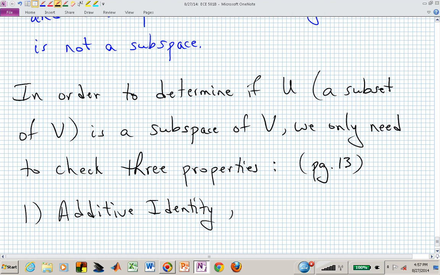What's that mean? It has to have a zero vector, doesn't it? So 0 needs to belong, or be an element of U. So if you can't find the zero vector in your U, if it doesn't belong, then U is not a subspace.